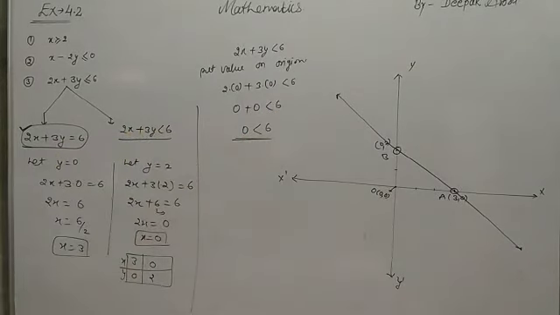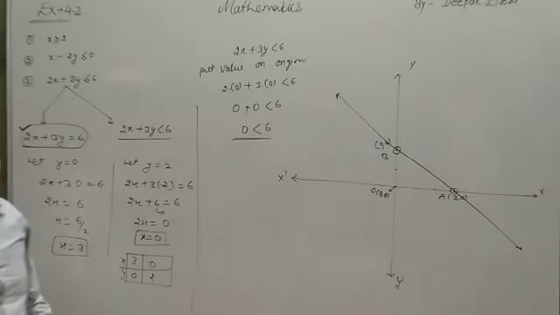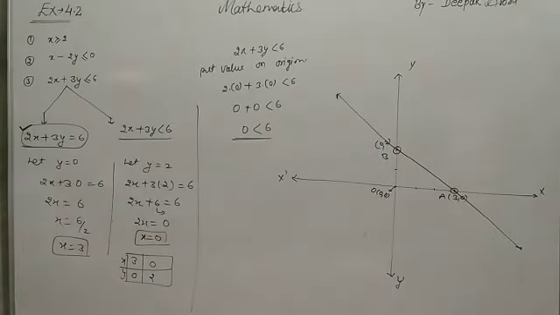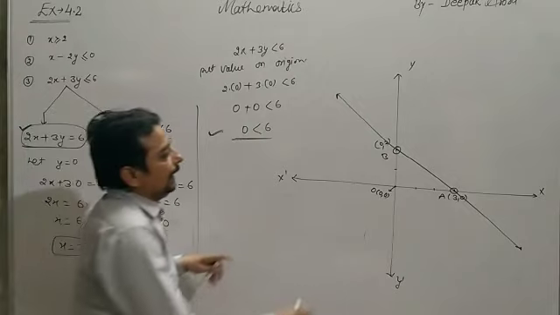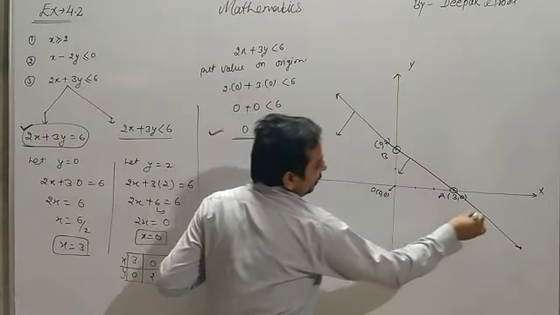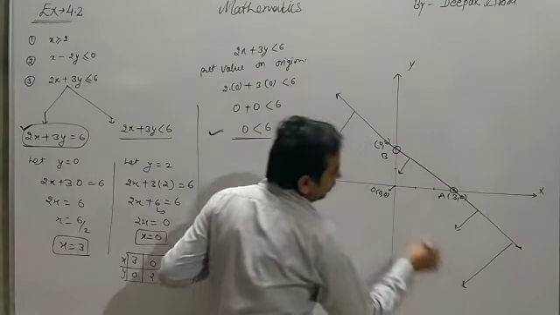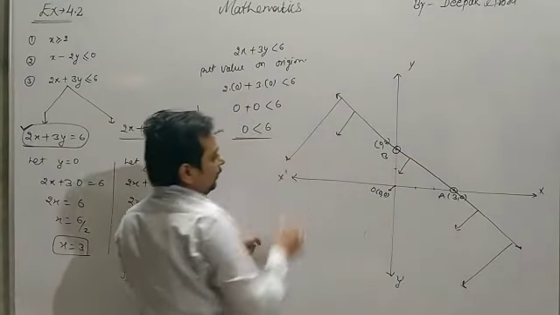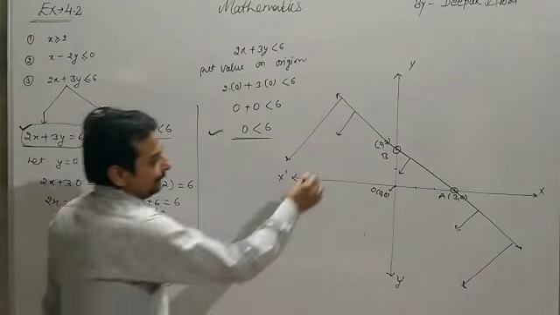Is that right? 0 is always less than 6, so it is a right value. Therefore the area toward the origin is considered, and that area will be shaded.